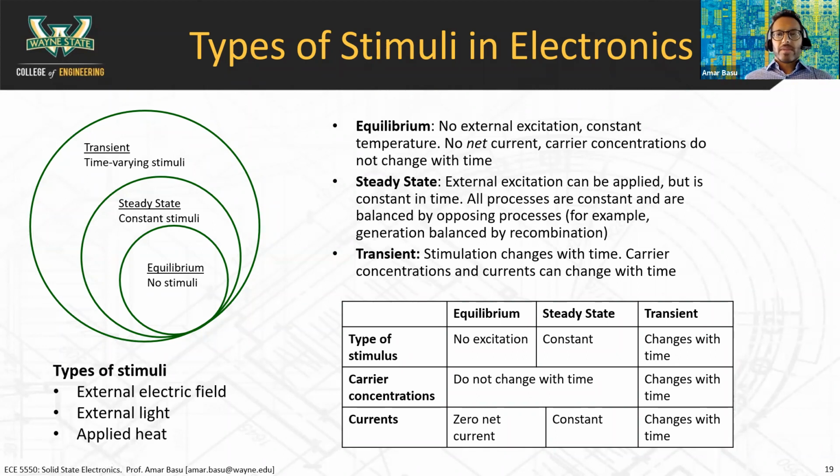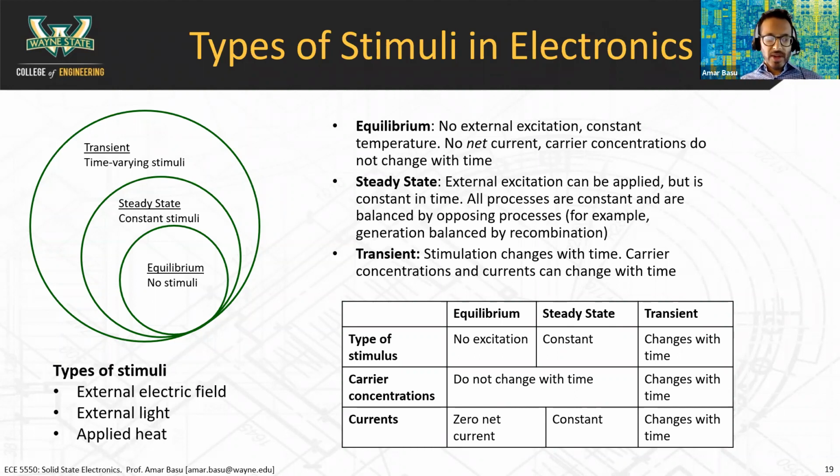Okay, so let's take a step back and look at all the different types of stimuli in electronics. In engineering systems, we often apply a stimulus to a system and then we measure the response. In mechanical engineering, we apply a stress and we look at the strain.